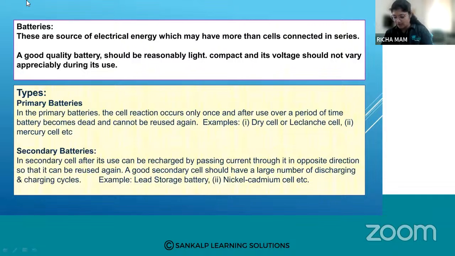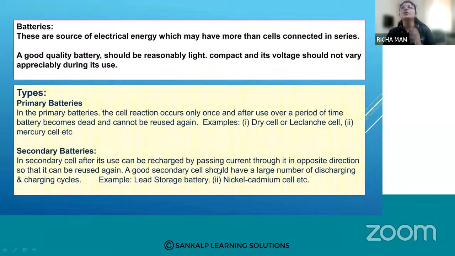Now, for example, in a vehicle, for the engine to start, there is a battery. So battery and cell are one only. The only thing is that the types of batteries will be different. The battery used in toys and remote controls is different from the battery used for storage.